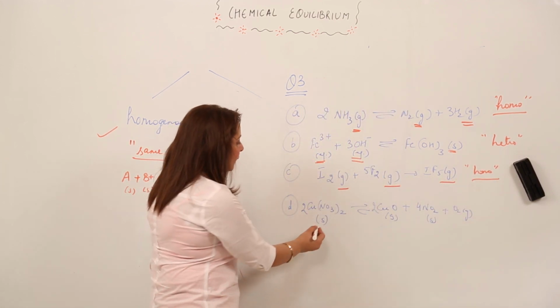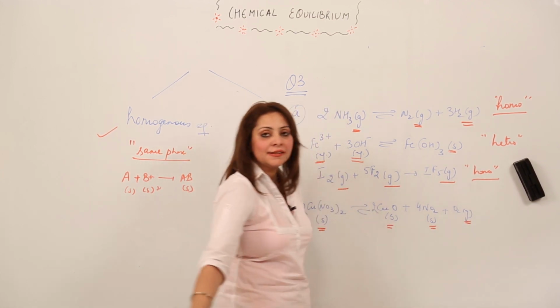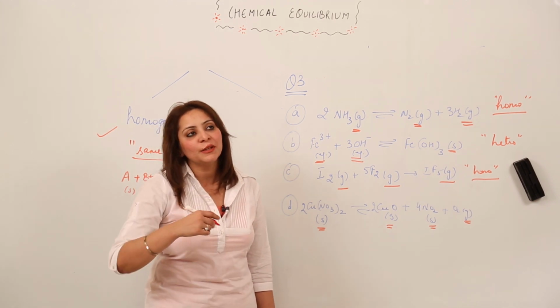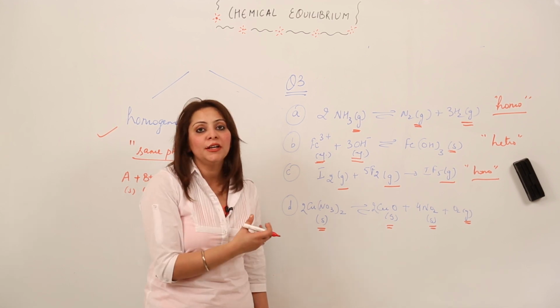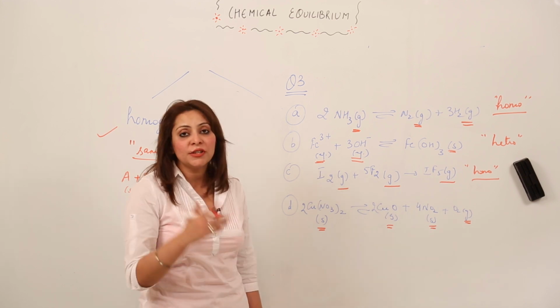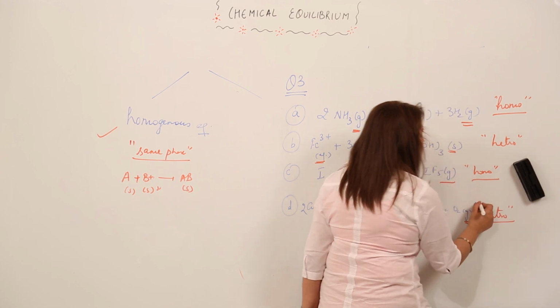The fourth one, this is solid, solid, but gas is there. Three components are solid, but one component is gas. So the one component is not similar to the others, but still we get to see two phases, and that implies again it is a heterogeneous equilibrium.